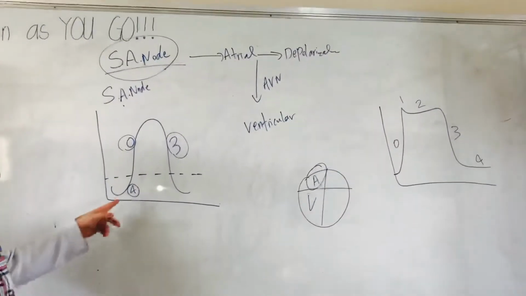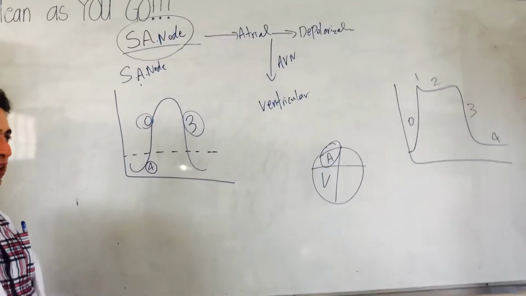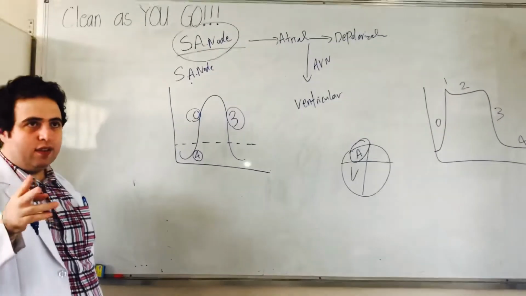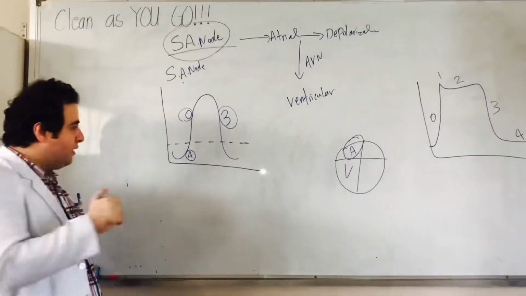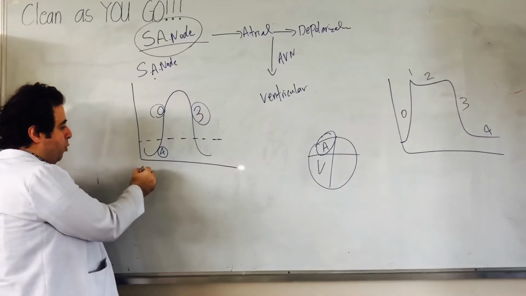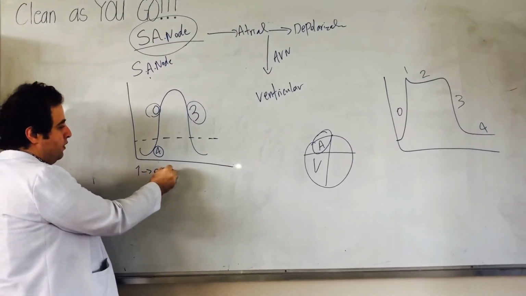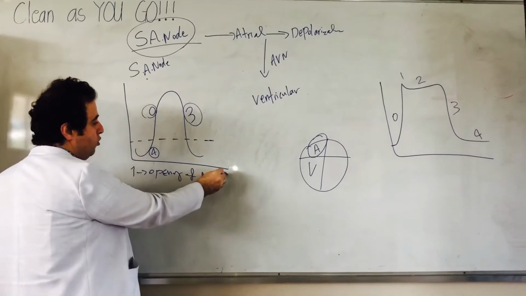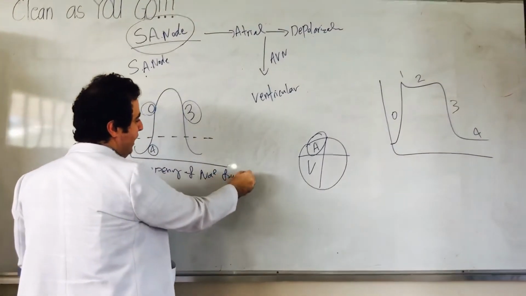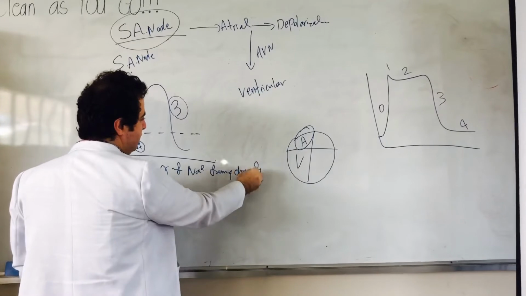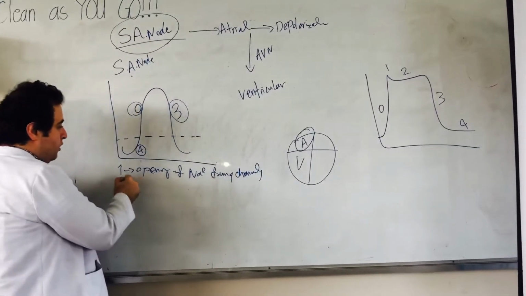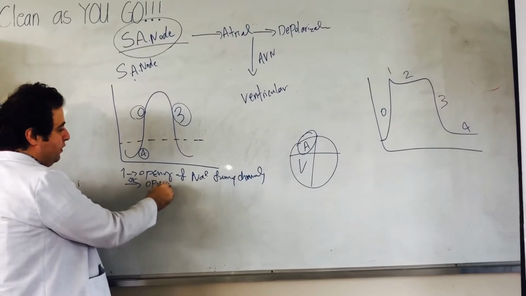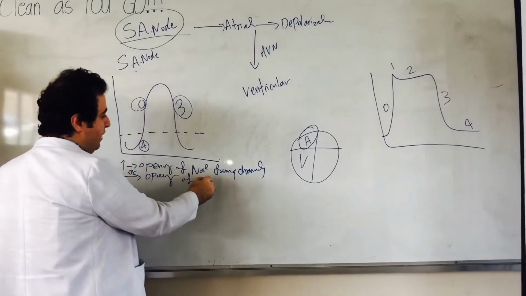Okay. What happened in phase 4? In phase 4, two things might happen. One is opening of the sodium funny channel or current, or opening of the calcium channel.